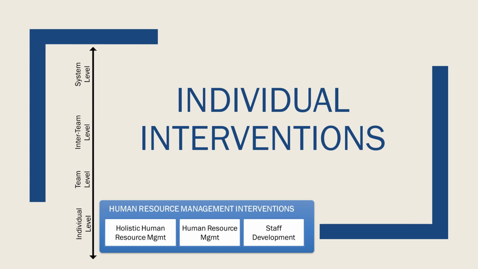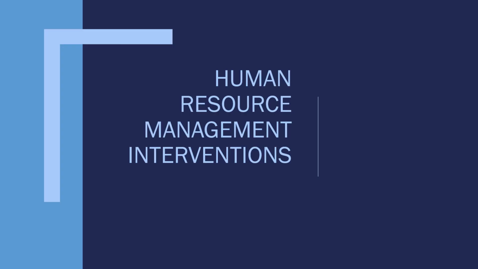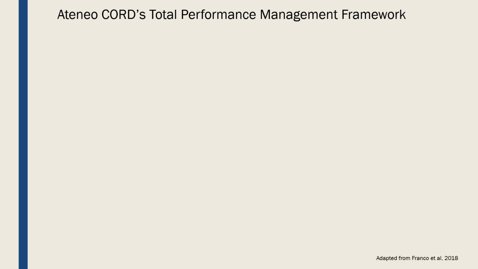Okay, now we look into individual interventions, mostly in the realm of human resource management interventions. We can look at Ateneo Corp's total performance management framework, wherein we start with the vision and mission.